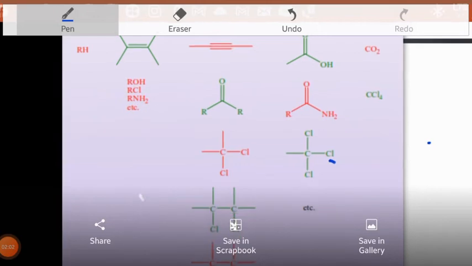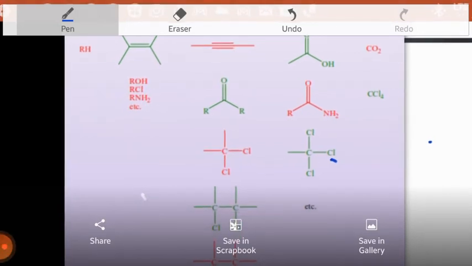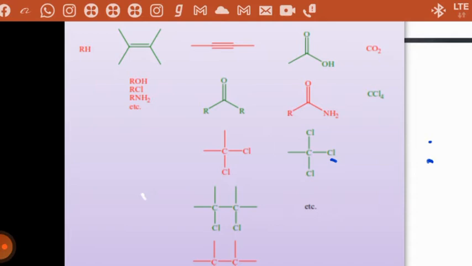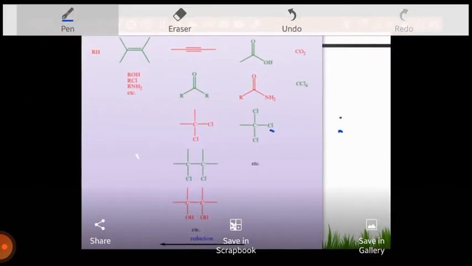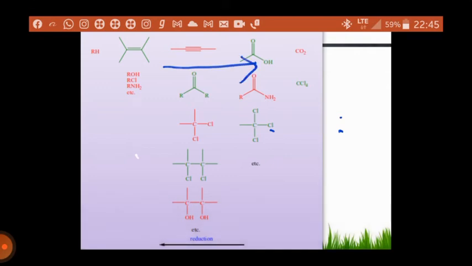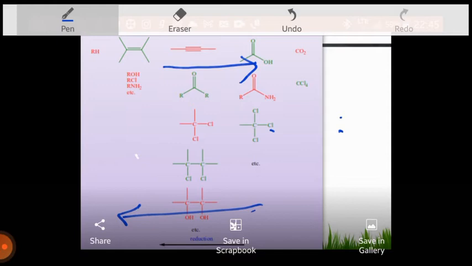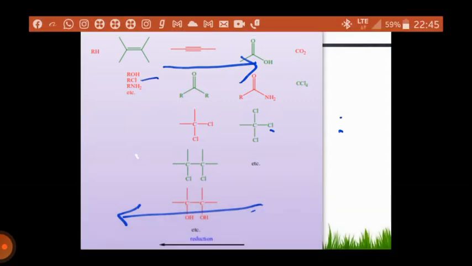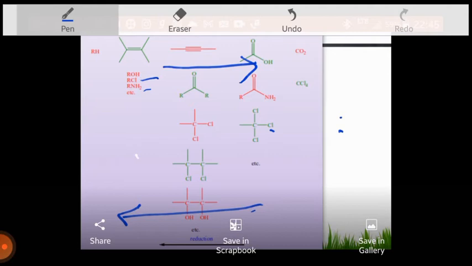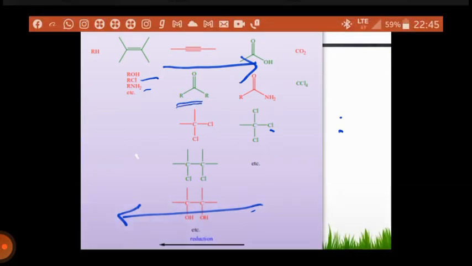As you see in the picture, if you move from left-hand side to right-hand side, this is nothing but oxidation, and this side is reduction. Here you could see alcohol, alkyl halide, amine, etc., and alcohol could get converted to aldehyde or ketone.